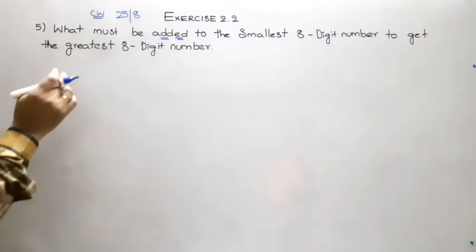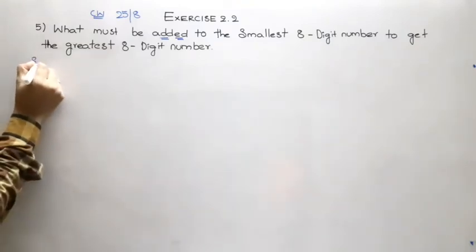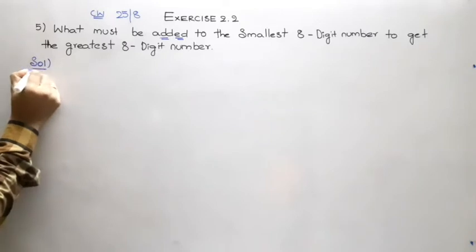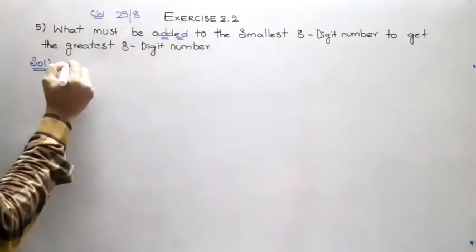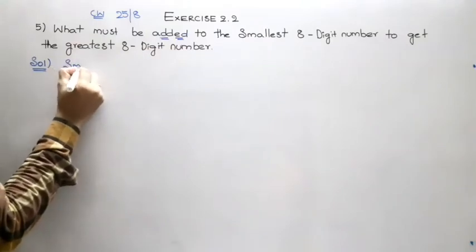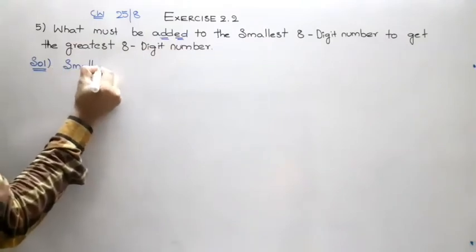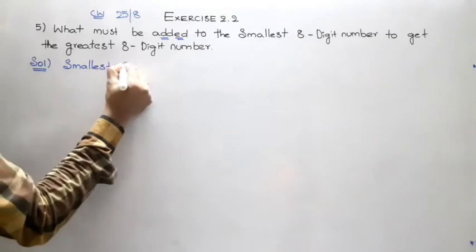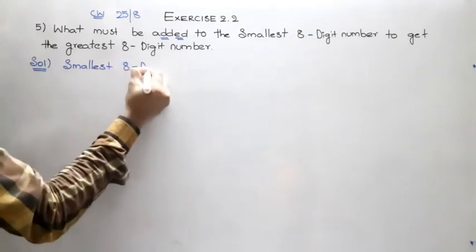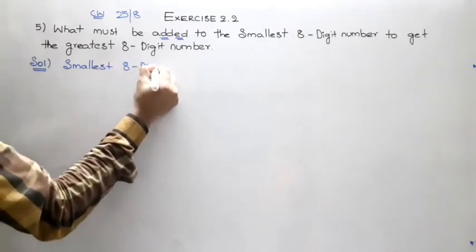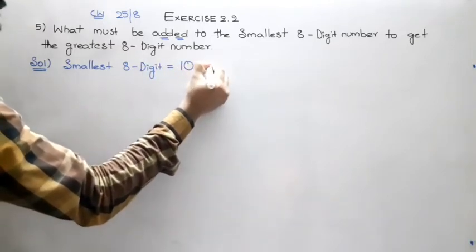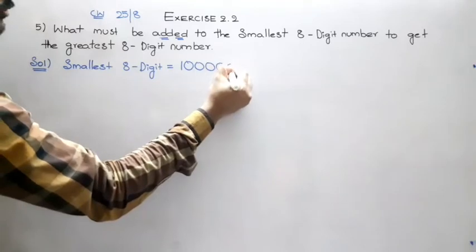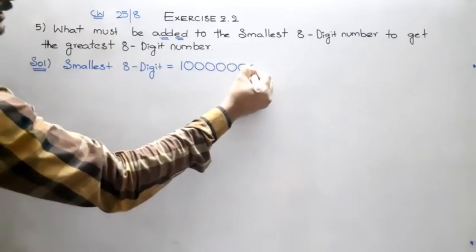Okay, I will show you. Look, first, what is the smallest 8-digit number? Smallest 8-digit number. We all know it. 1, 2, 3, 4, 5, 6, 7.